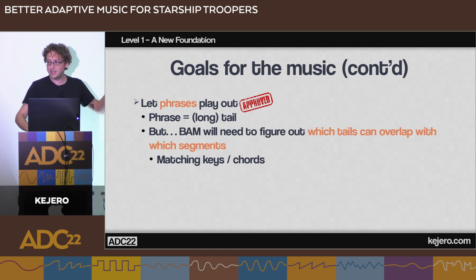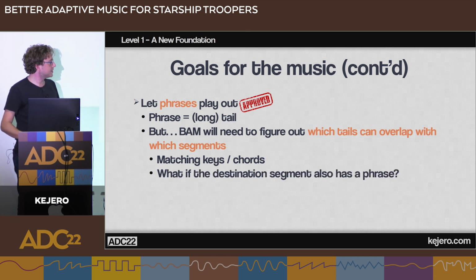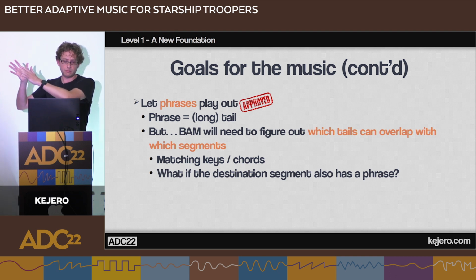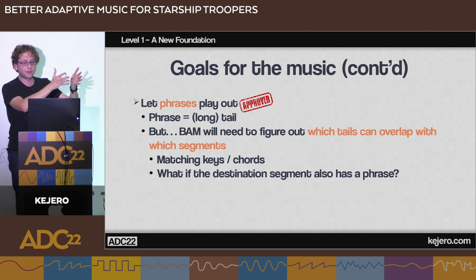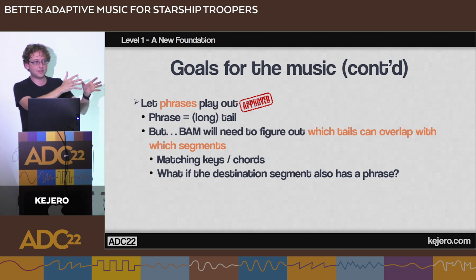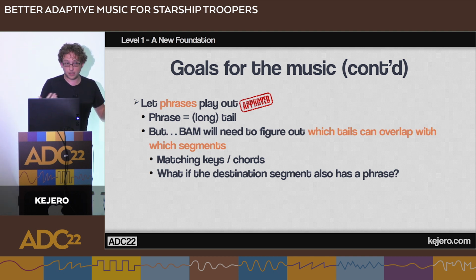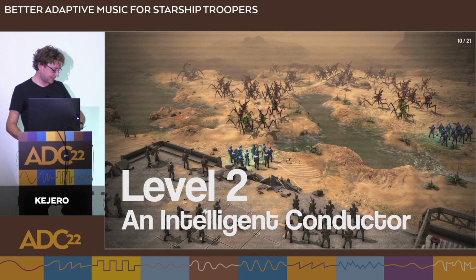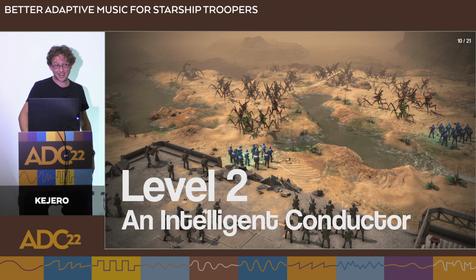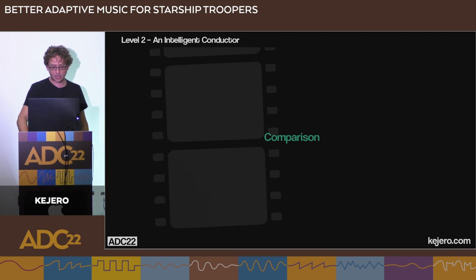If there are different keys involved, different chord progressions, or what happens if I'm playing that French horn phrase and I jump to a destination segment that also contains a phrase. How is that going to sound? It might sound great, it might sound horrible. So we really need a system that can take care of that problem for us.